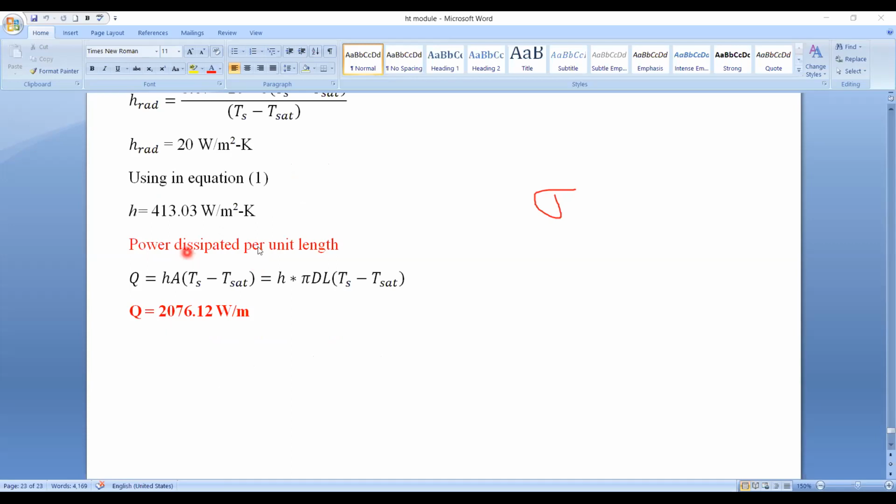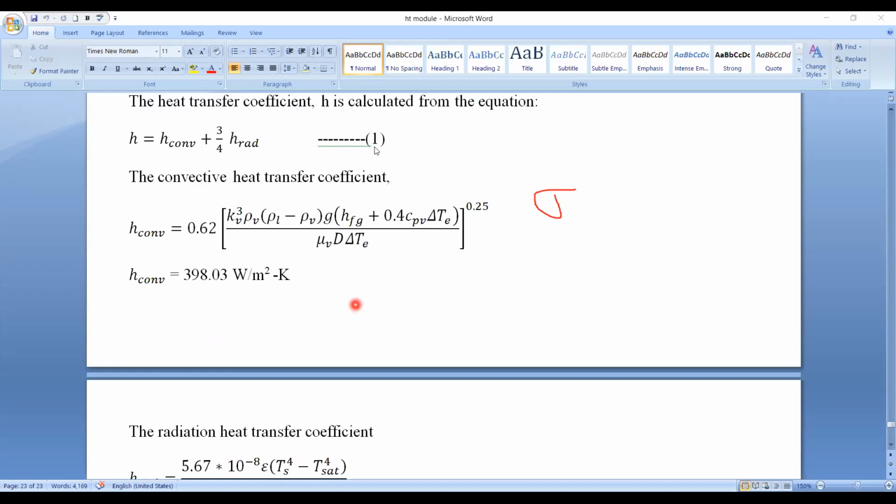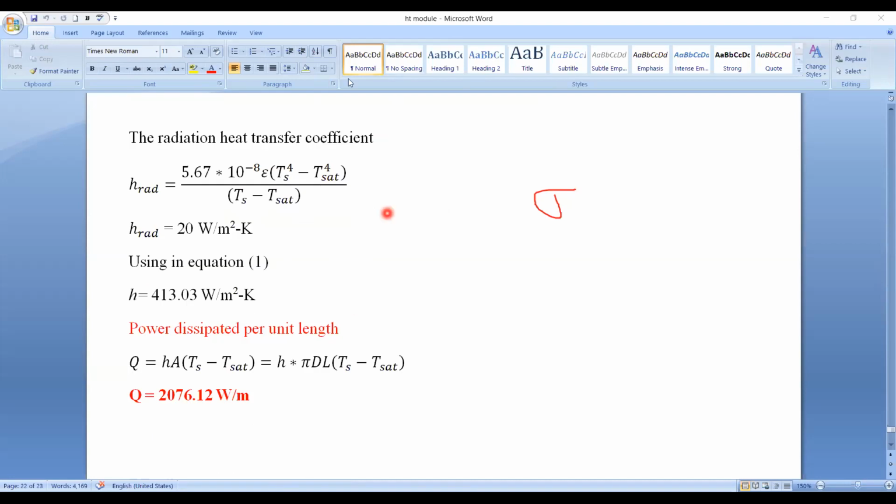Now for the power dissipation per unit length, we know Newton's law of cooling. So Q equals H A into Ts minus Tsat. H is already calculated, 413.03 watt per meter square kelvin. A is the surface area of the cylinder, because here the wire is considered.